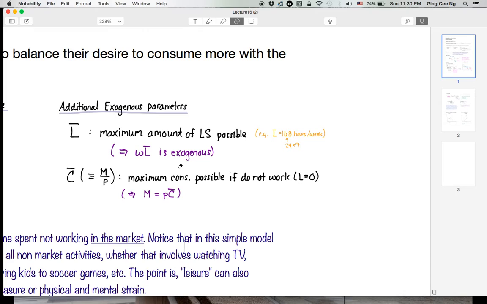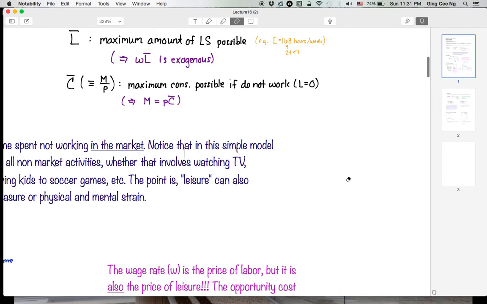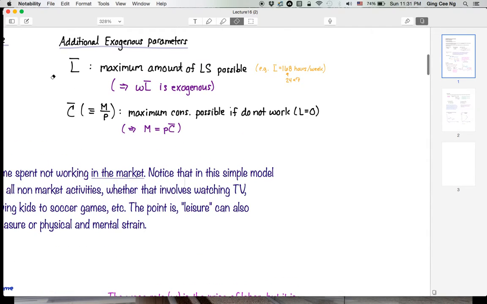It's probably unlikely that the optimal choice will end up being at that corner solution, but this upper bound on your earnings is not set by you. It's set by the market, which gives you your wage rate, and whoever gave you your time endowment.